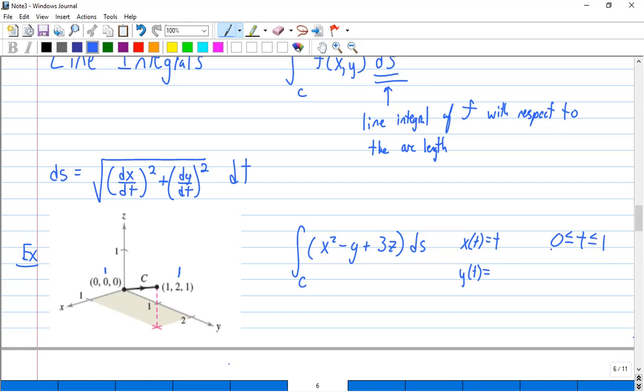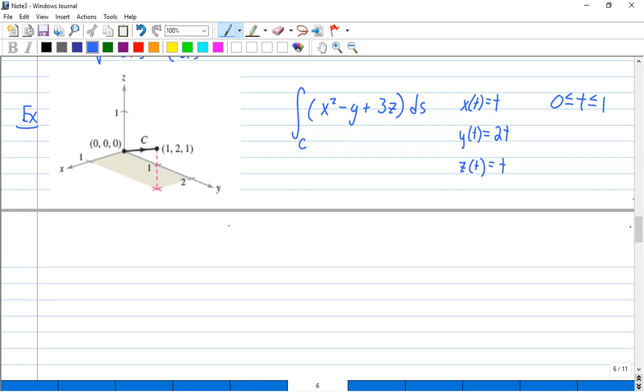So it should be very similar to that. Just 2t. And lastly, z, I want to go from 0 to 1. Well, we just figured that out for x, right? When I plug in a 0, I want to get out a 0. When I plug in a 1, I want to get out a 1. So z of t is just t.